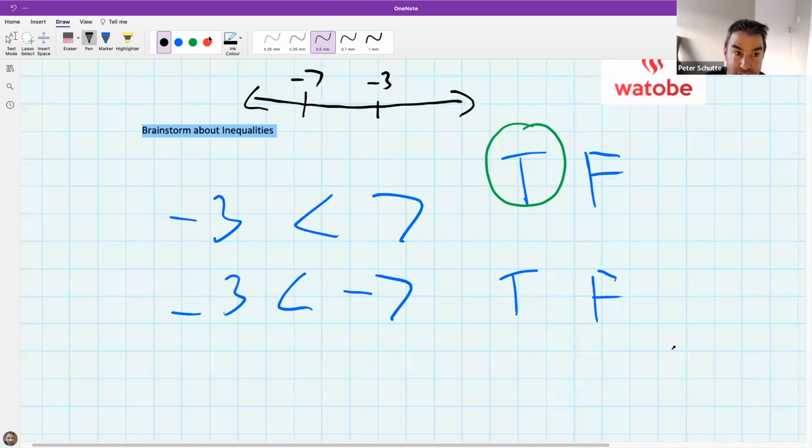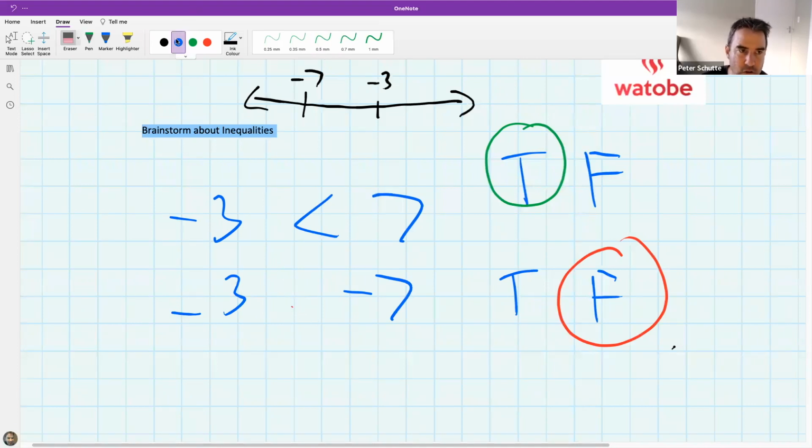So it's false. You're quite correct. It's false. And the reason it's false is that if you look at the number line, -3 is higher up than -7. And so the crocodile mouth, or the big open jaws, shouldn't be facing -7, because that's not greater. The greater than would be the other direction.